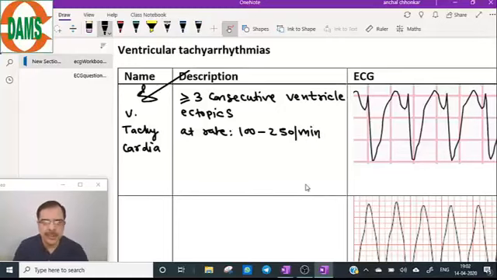At least three consecutive ventricle ectopics should be there, and the rate will be 100 to 250 per minute.